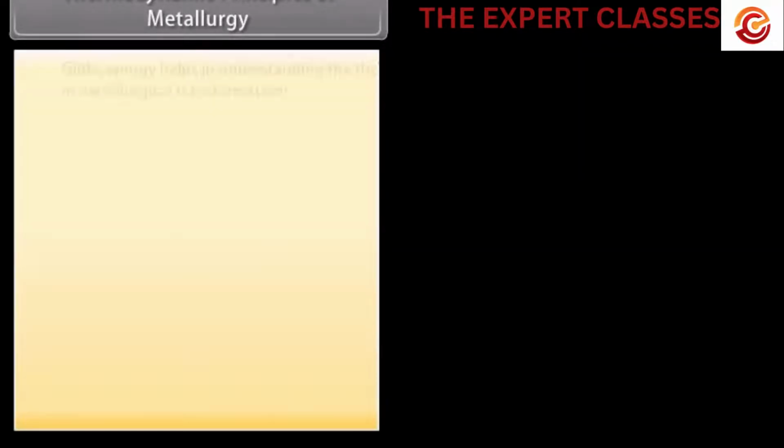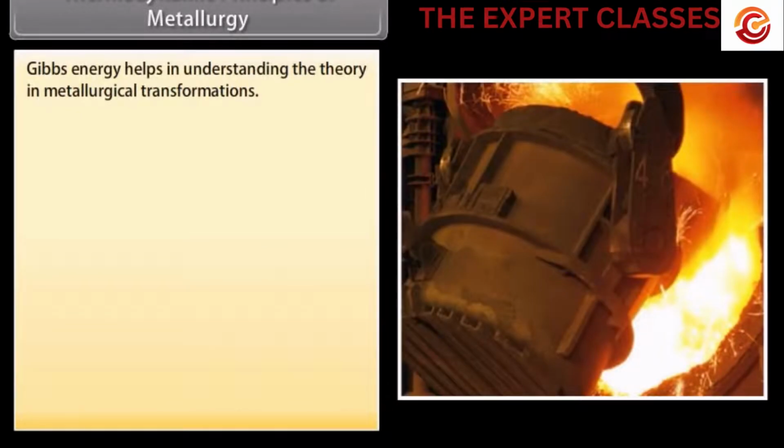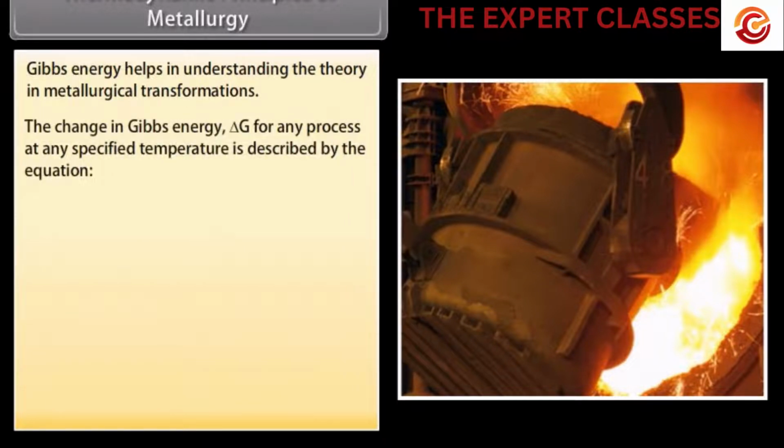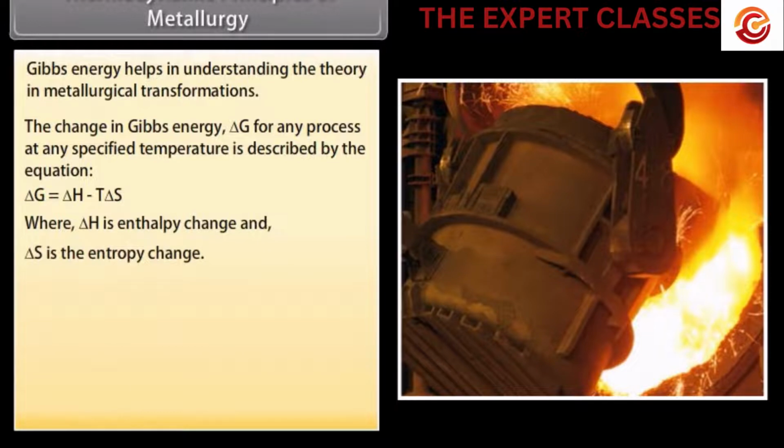Thermodynamic principles of metallurgy. Gibbs energy helps in understanding the theory in metallurgical transformations. The change in Gibbs energy, delta G, for any process at any specified temperature is described by the equation delta G = delta H - T delta S, where delta H is enthalpy change and delta S is the entropy change.